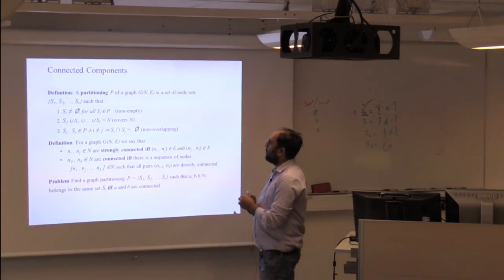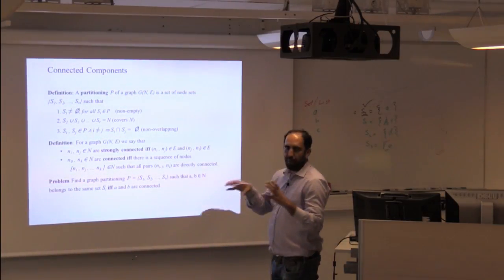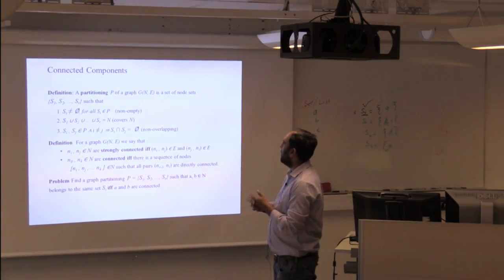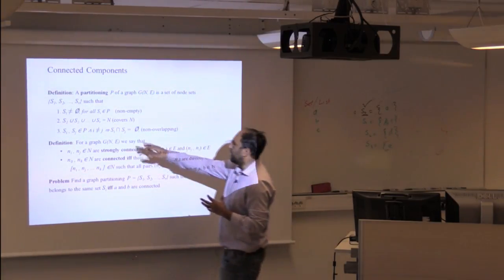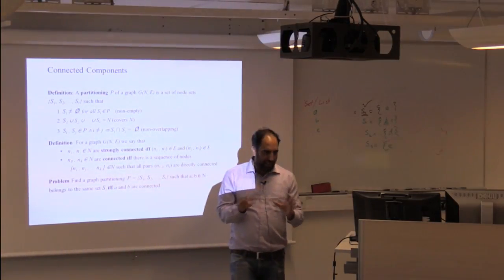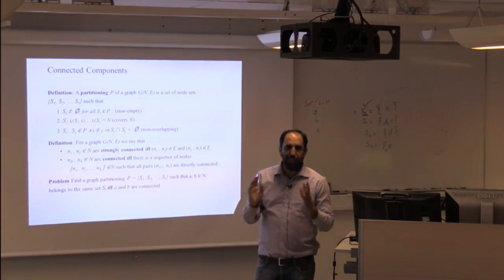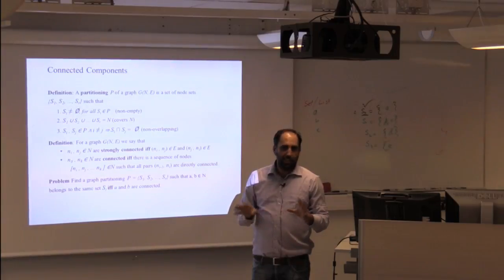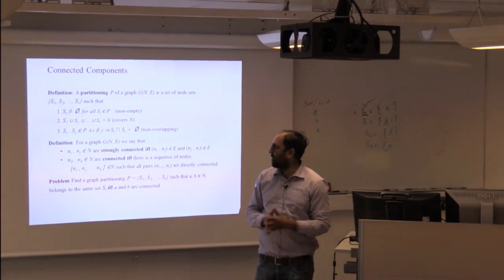So we say that a partition or a part of a graph is a set of nodes such that that set should not be empty. The first condition to be a partition of a graph is that it should not be empty. There must be one or more nodes over there.